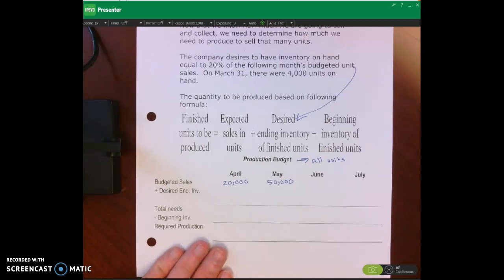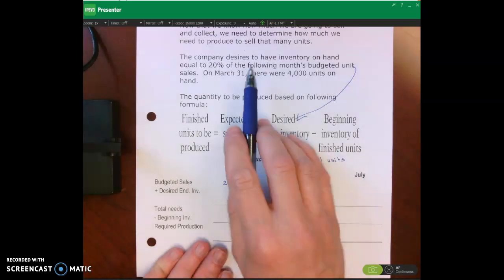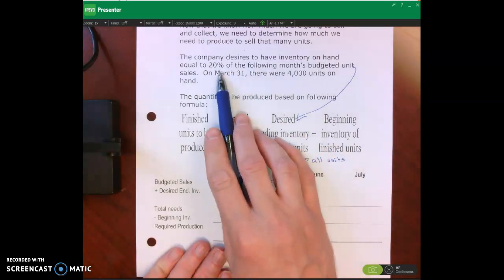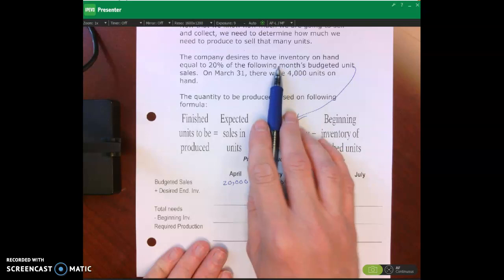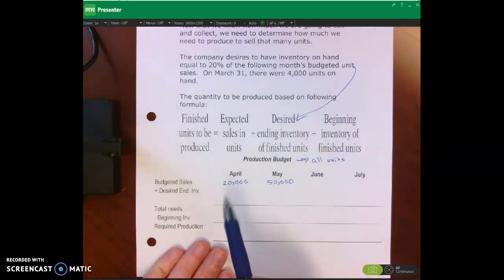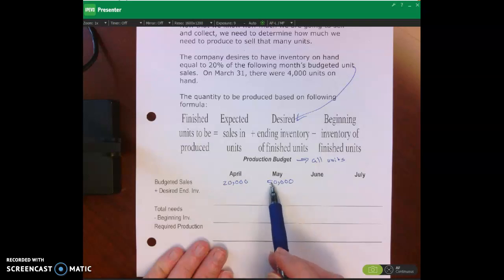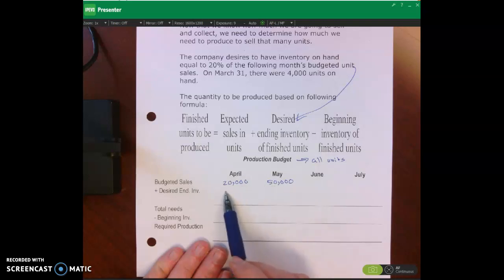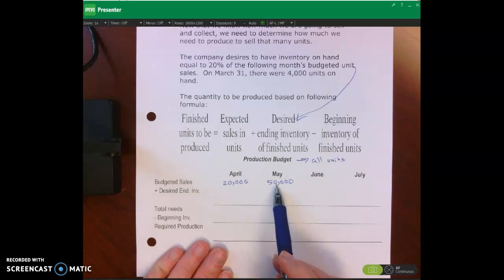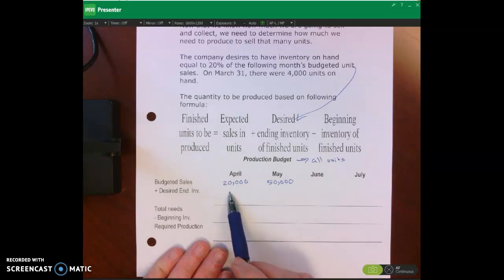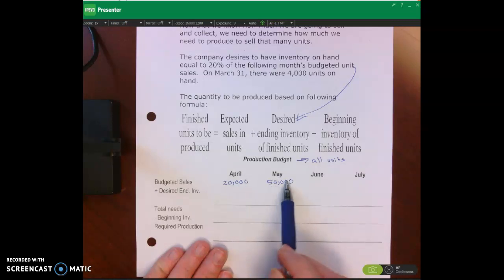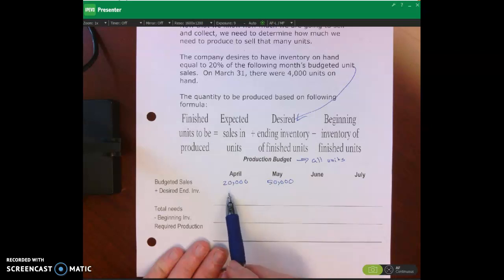In terms of our desired ending inventory, we want to have inventory on hand equal to 20% of the next month's budgeted unit sales. So that means at the end of April, I want to have 20% of budgeted unit sales for May as my desired ending inventory for April.